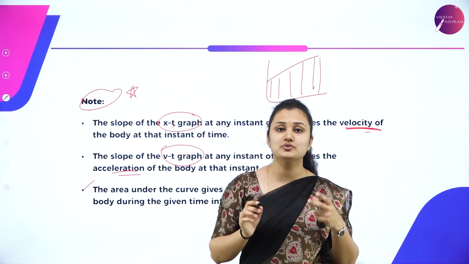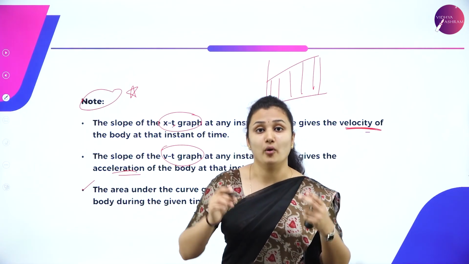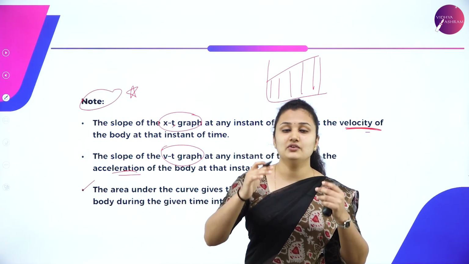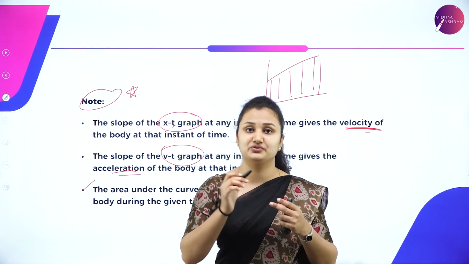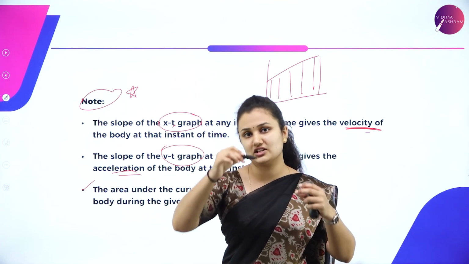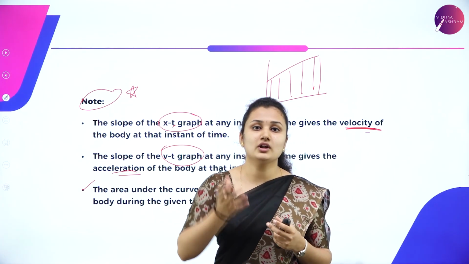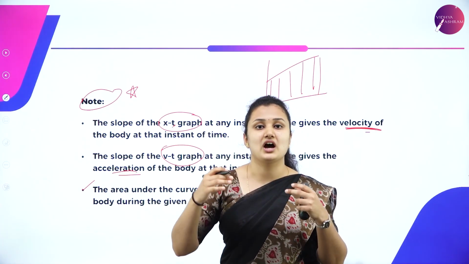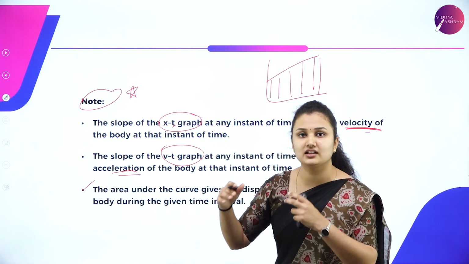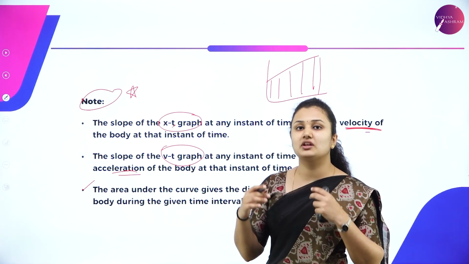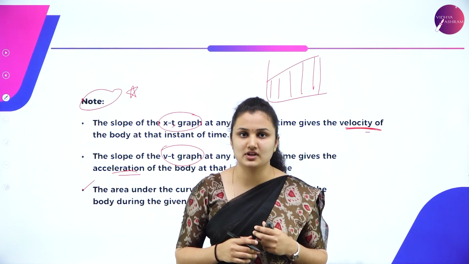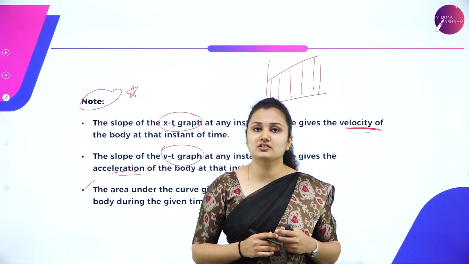Then we studied what happens with uniform negative acceleration. Then we studied what happens if there is an increase in acceleration as well as a decrease in acceleration. Then we studied an object thrown vertically up, which moves under gravity. How is that graph represented? So these many topics we covered in today's session. So this is all about today's session.